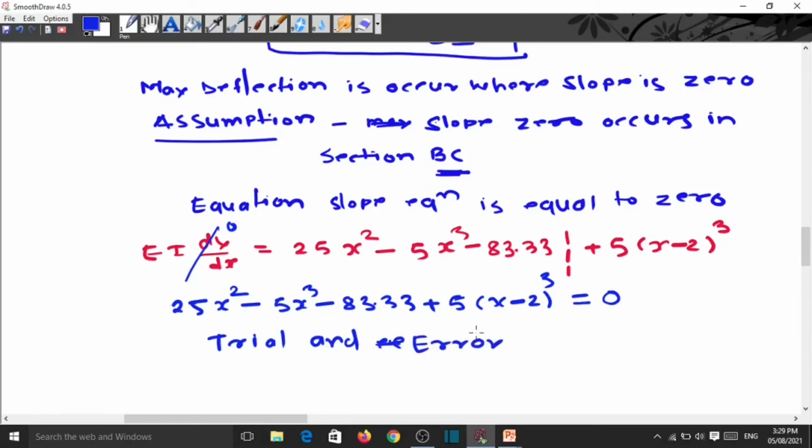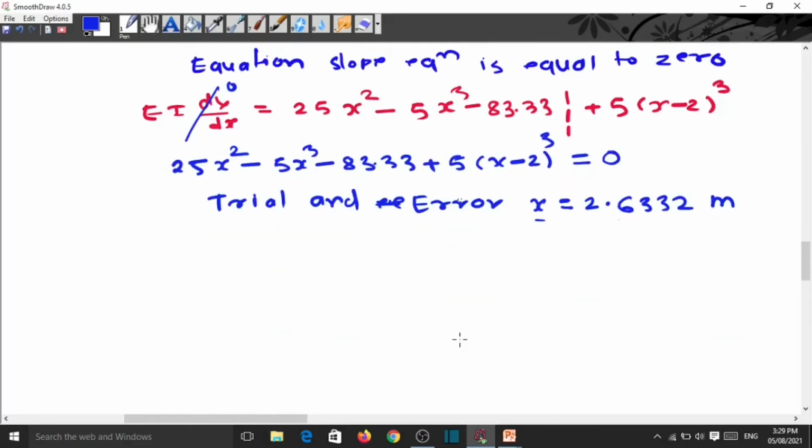It means we have to assume some value of x, put it here, and check for 0. So take 2-3 trials. So we got here x is equal to 2.6332 meter. When we put the value of x equal to 2.6332 meter in this equation, it is equal to 0. So now we got the location of the maximum deflection.